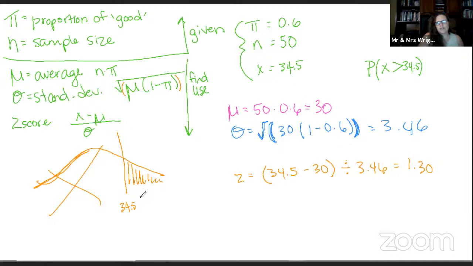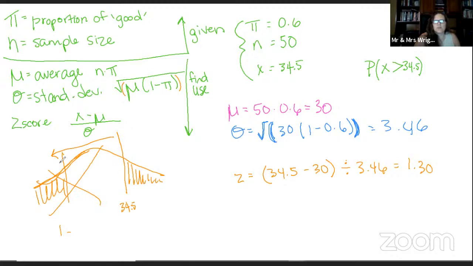With the chart in your Life of Fred book, that chart is always telling you what is to the left of this. The way the book tells you to determine what is to the right is to do 1 minus whatever you find in the chart. But if you just choose to do the opposite of your z-score, because remember in Your Turn to Play number 5, it told you that this is exactly the same as that one was.